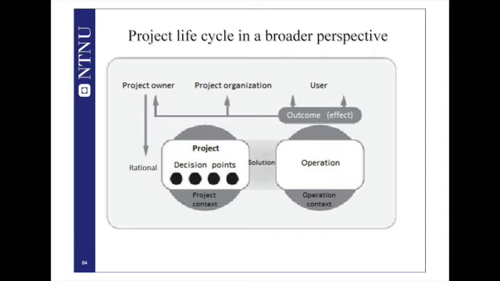Then you have the project organization or organizations as another category. And then the third category of stakeholders are the end users. In principle, these are the three main categories of stakeholders in a project.